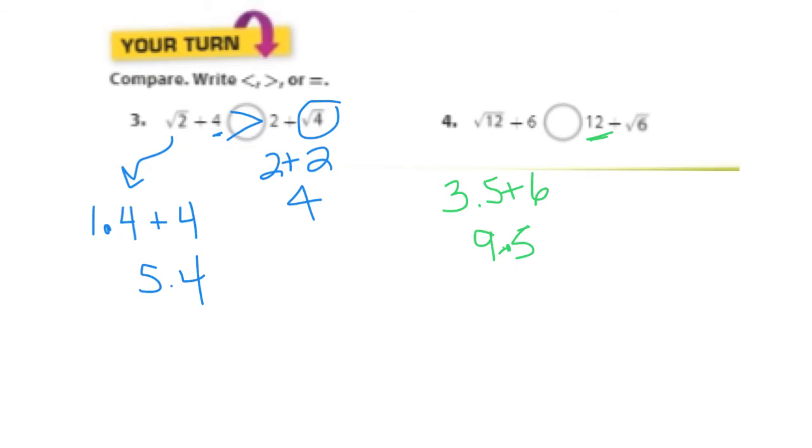So that's as high as the left side is going to go, is 9 5/10. So you know that the right side is smaller than the left side. And if you want to know what the square root of 6 is, just use your handy dandy calculator. It's about 2 4/10. So add that to 12, and you get 14 4/10, and you can prove that the right side is larger.